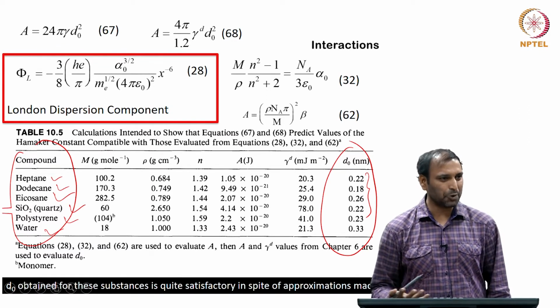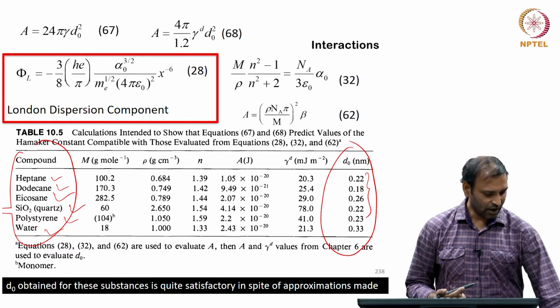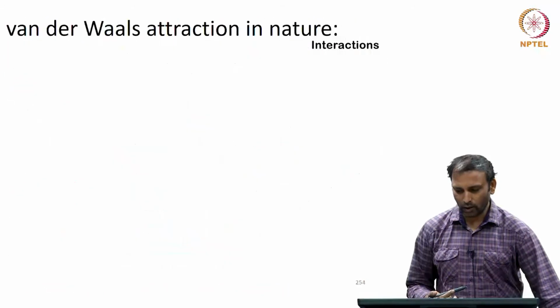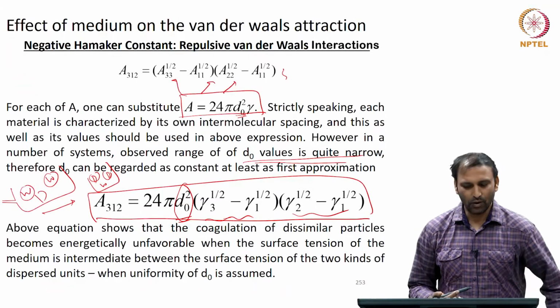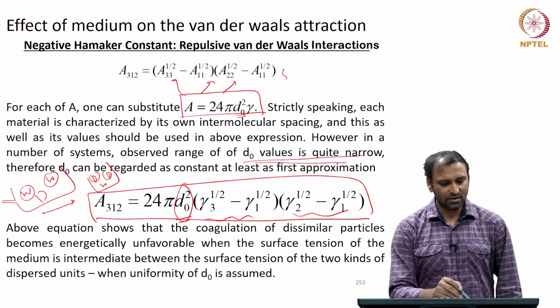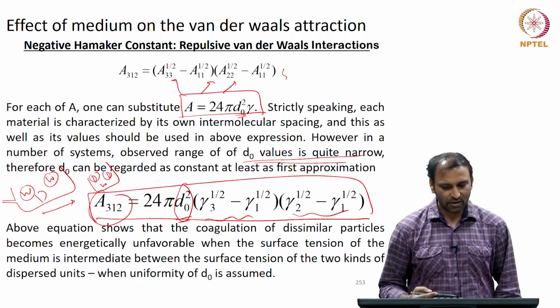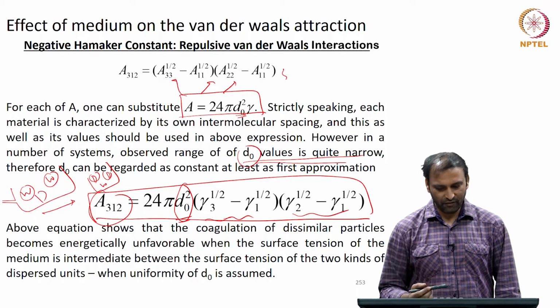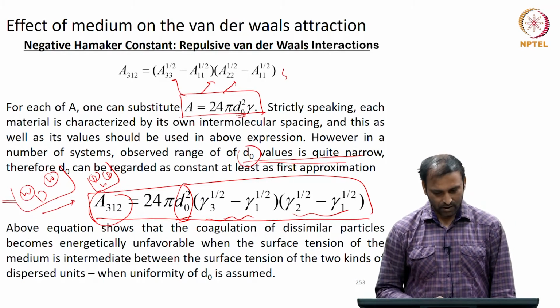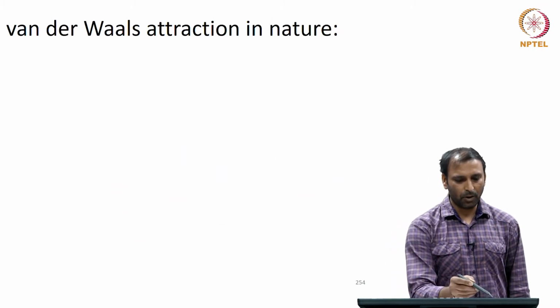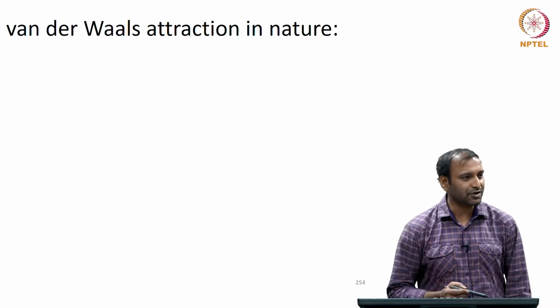It's a fairly narrow range. So, if you have cases like that, I could indeed express the Hamaker constant in terms of the surface tension itself, because the value of d would be in a fairly narrow range. Okay, I just want to end by talking a little about Van der Waals attraction in nature.